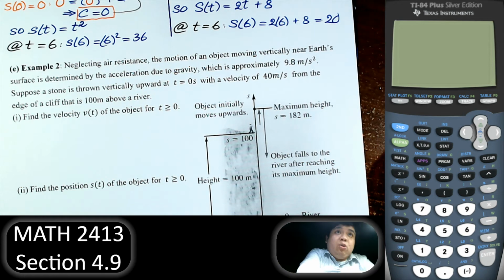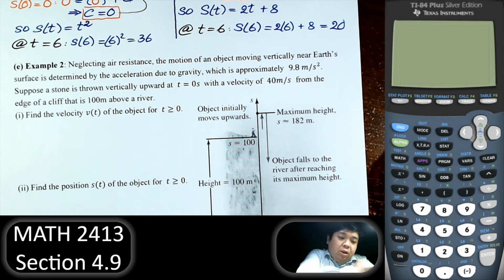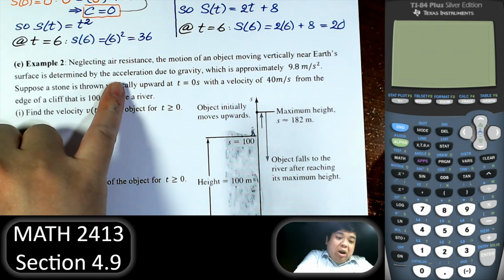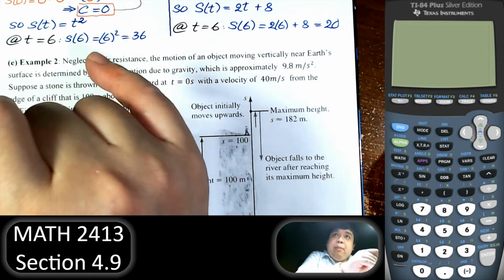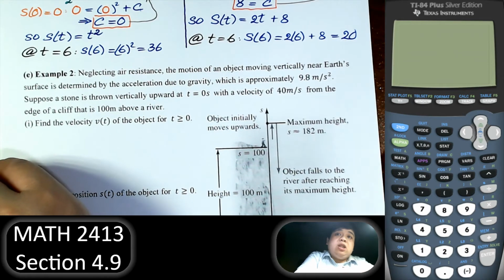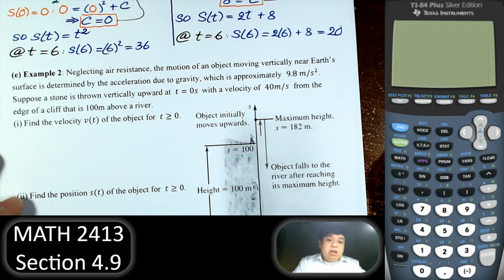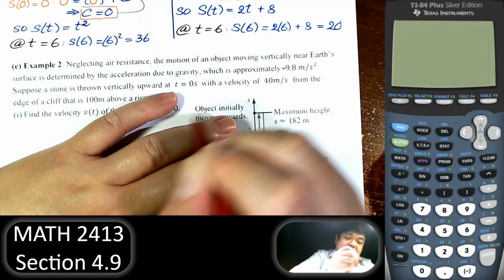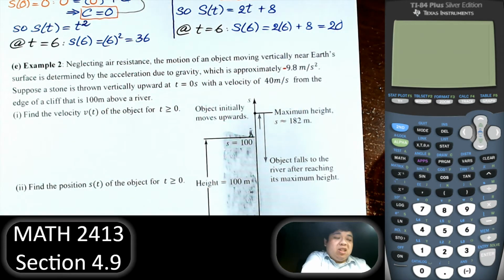Neglecting air resistance, the motion of an object moving vertically near the Earth's surface is determined by the acceleration due to gravity, which is approximately 9.8 meters per second squared. Of course, since gravity points down, usually we say it is negative 9.8 meters per second squared.